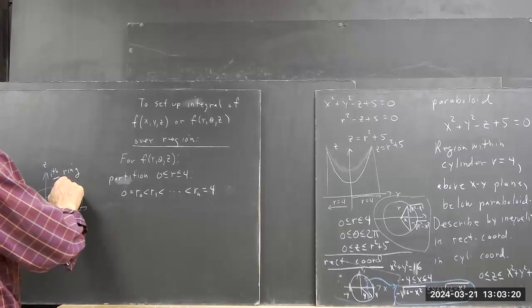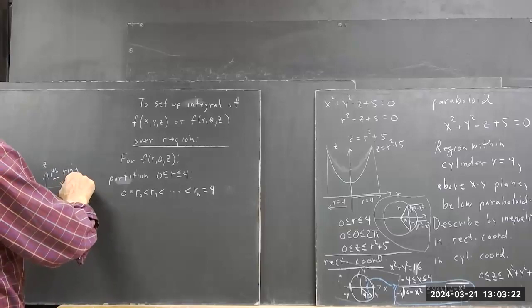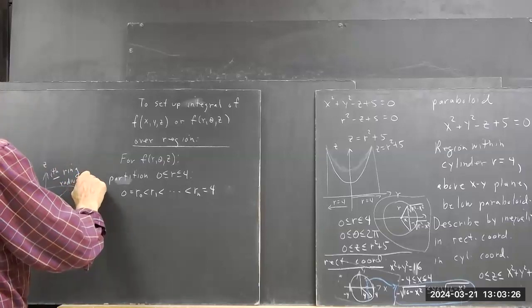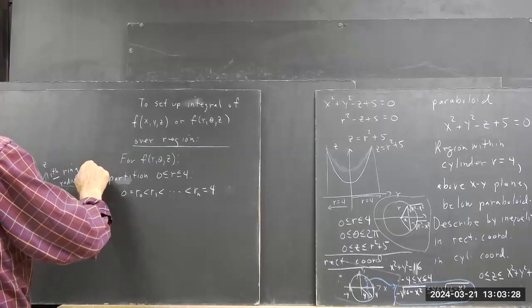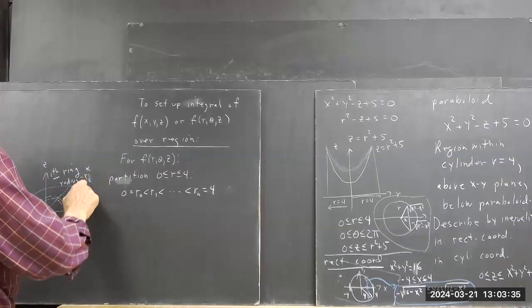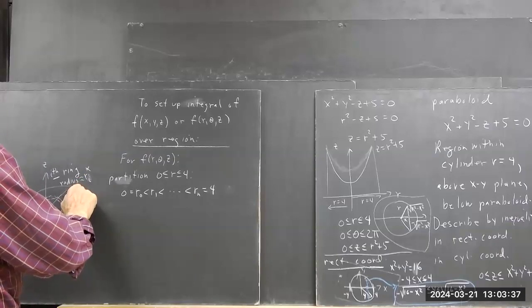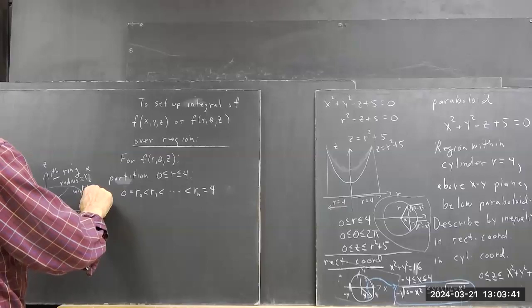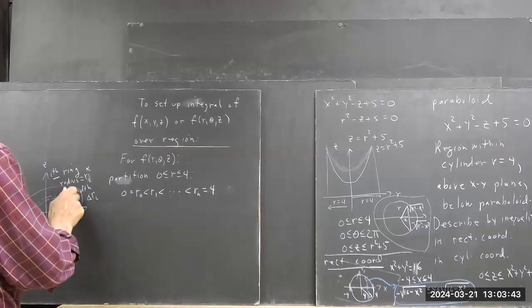The ith ring has radius approximately equal to r sub i star, width delta r sub i.